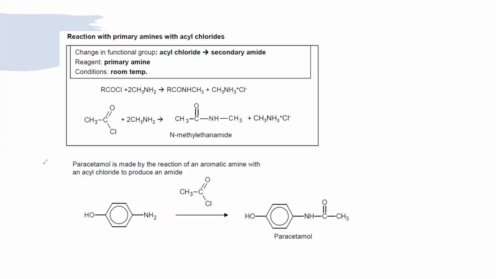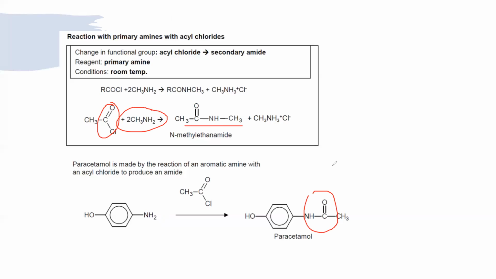Is it clear? This is the reaction of acyl chloride with primary amines resulting in the formation of amides. This paracetamol also has C double bonded with O and N. Paracetamol is a common name, it's not the IUPAC name.